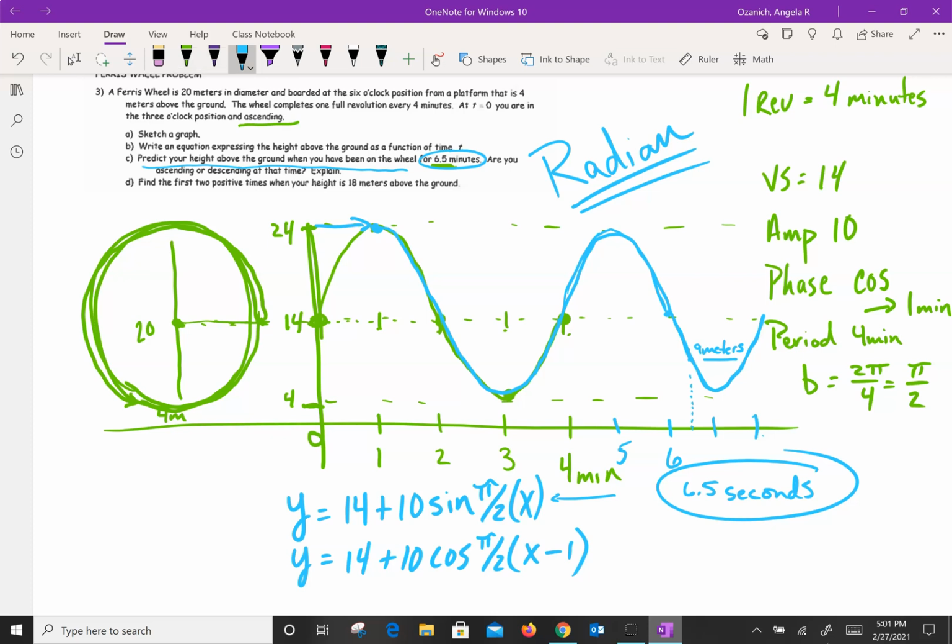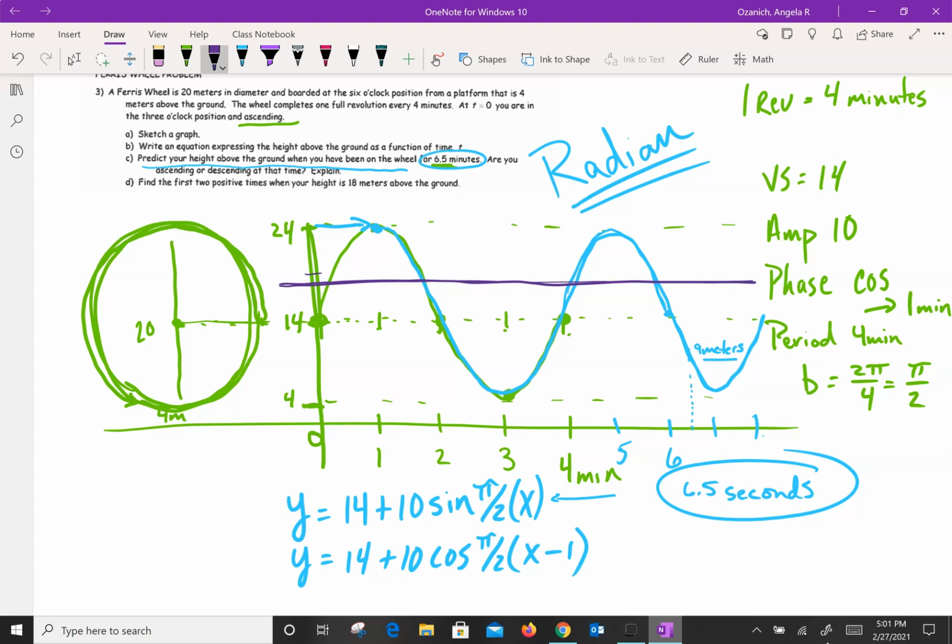And then the first two positive times when your height is 18 meters above the ground. I think the best way to tackle this is to go to your 18 meters above the ground, which is right here. You can do it algebraically, or use your graphing calculator.